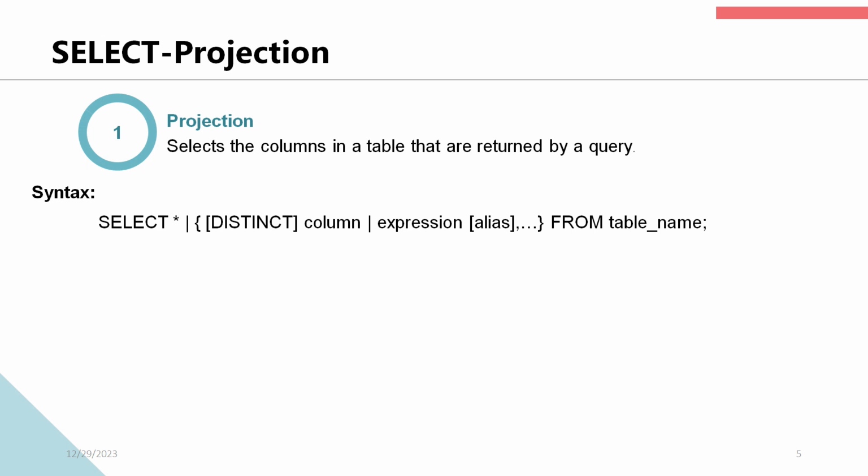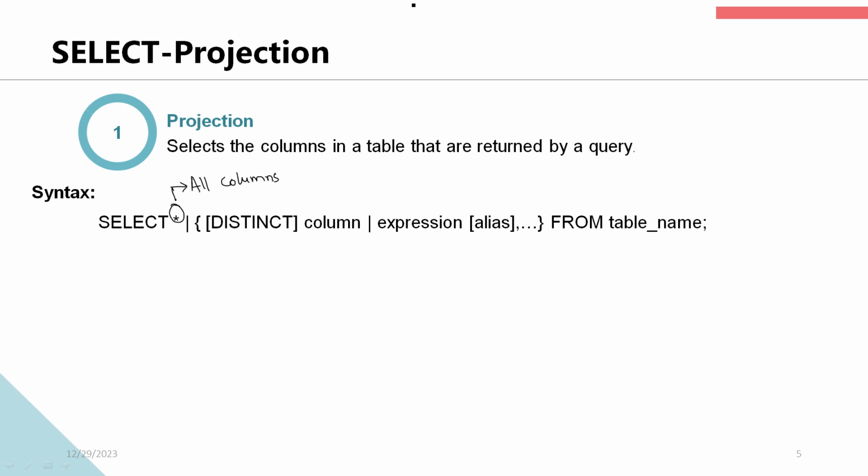So here, let me first explain what these different parts are. The first one here, star, indicates if you want to retrieve all columns in a table.